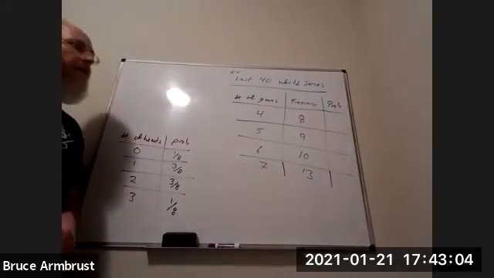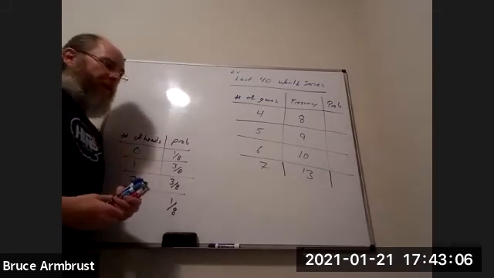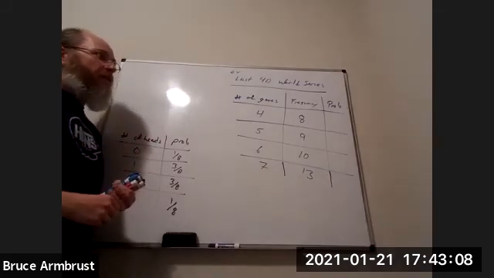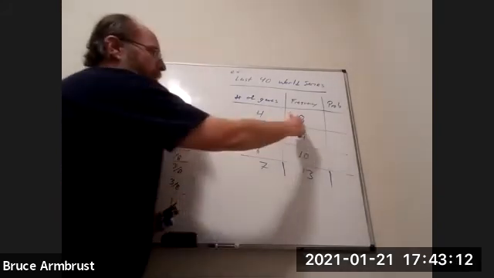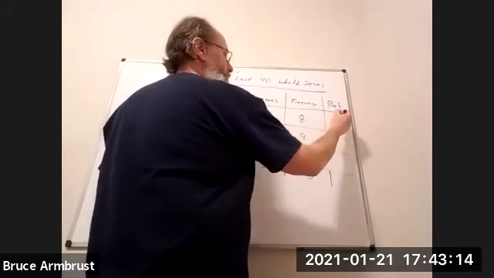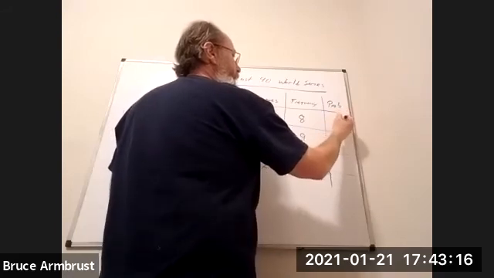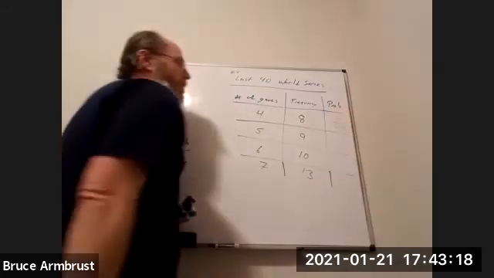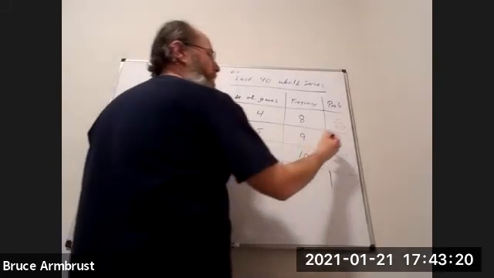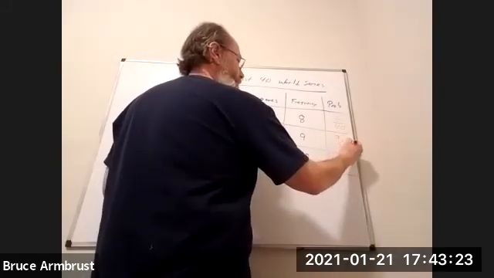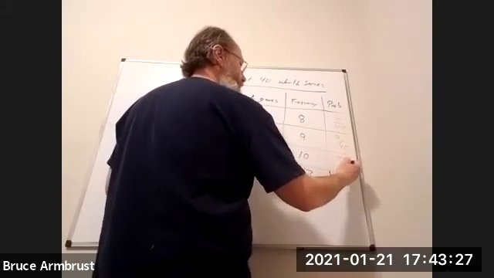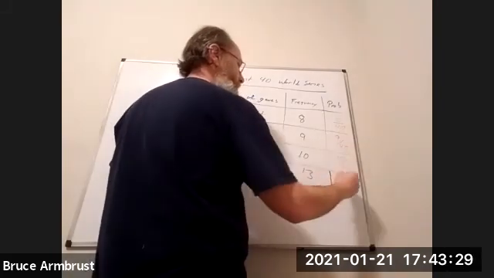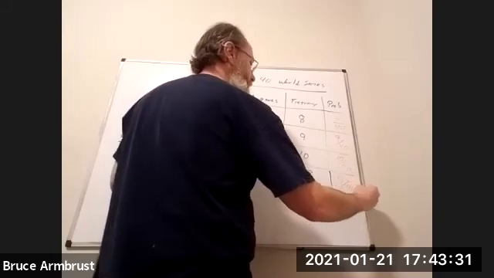With this information, what's the probability that it's going to take 4 games? Well, it happened 8 times out of 40. So that's 8 out of 40. 5 games is 9 out of 40. 6 games is 10 out of 40. And 7 games is 13 out of 40.